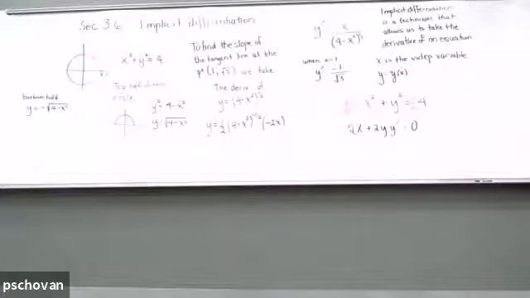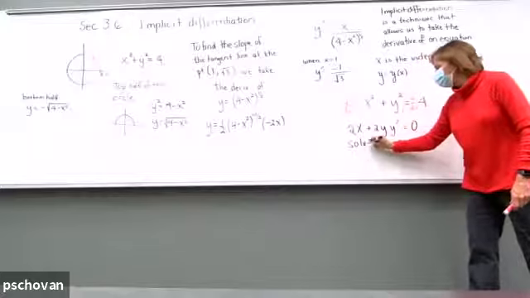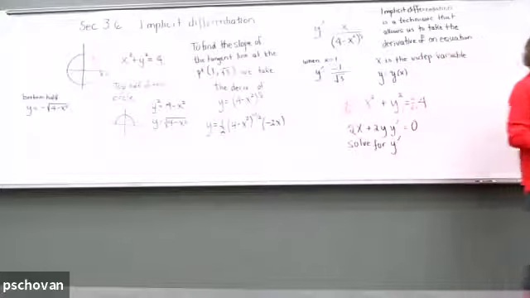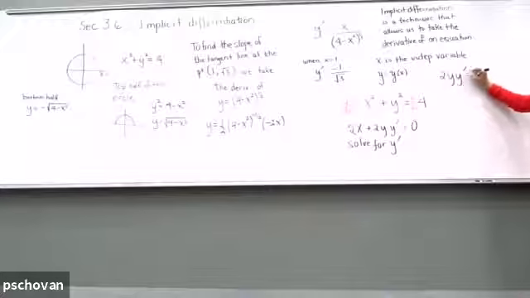Now we solve that equation for y prime. So I can subtract the 2x from both sides. Then divide by the stuff in front of the y prime. So we're going to divide both sides by 2y.